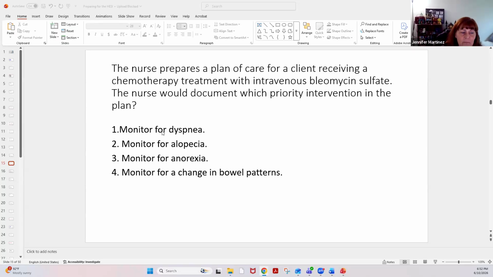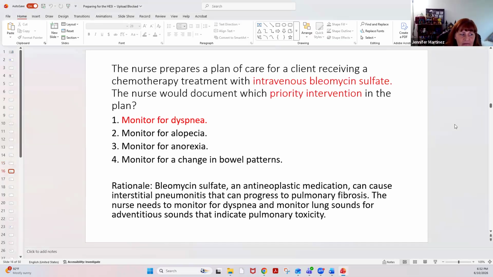Okay, so we are going to monitor for that shortness of breath. So again, it is a chemo drug. It's an anti-neoplastic. It can cause interstitial pneumonitis that can progress to pulmonary fibrosis. It is not reversible. Okay, so that's probably one of the biggest issues with this one.